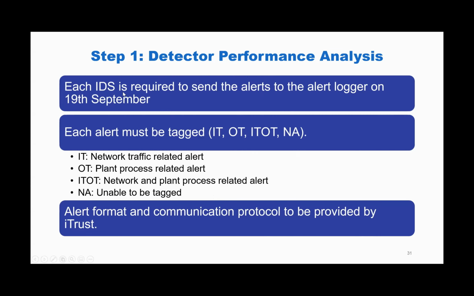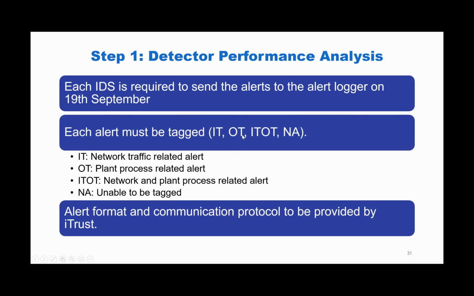So each IDS team has to configure their IDS in such a way that each IDS sends the alerts to the alert logger on that particular day. And there's a specific format in which we are expecting the alerts to be. Each alert should have a category.